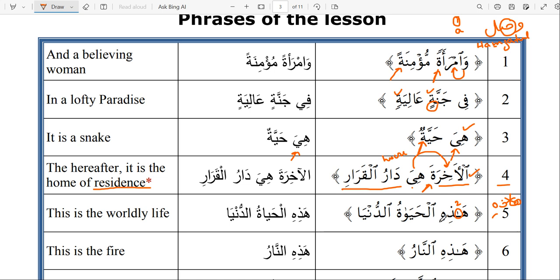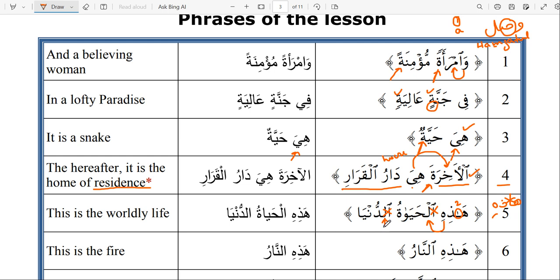Hadihil, I'm going directly from ha to lam. And hamzatul wasl is totally cancelled, omitted. Hadihil hayatud dunya. Now, this lam is omitted with the hamzatul wasl. Why? Because this lam is lam shamsiya.